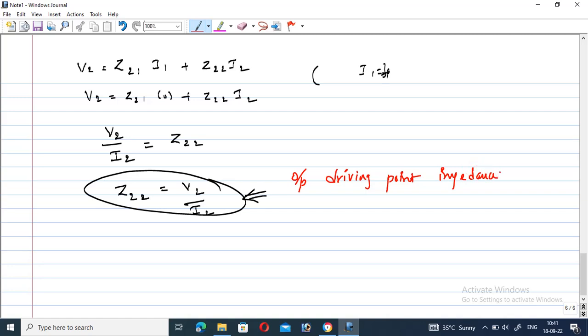Output driving point impedance. So this is the way we find the Z parameters. It is also called impedance parameters, because generally Z is impedance. So it is impedance parameters.